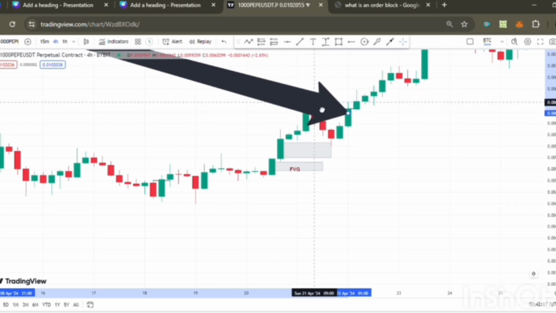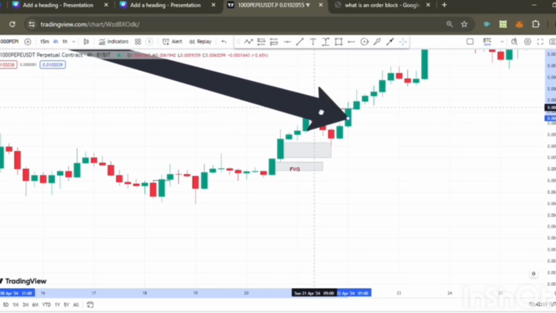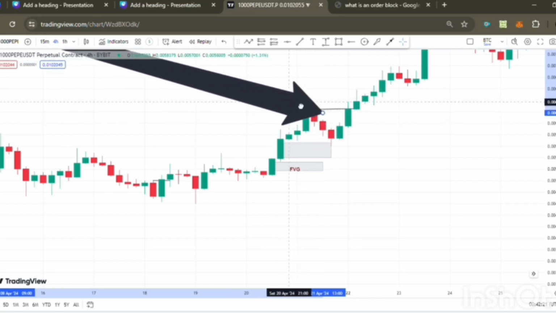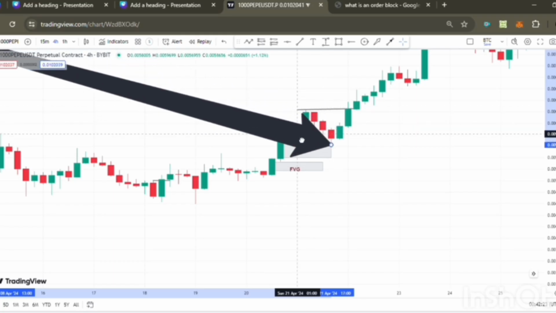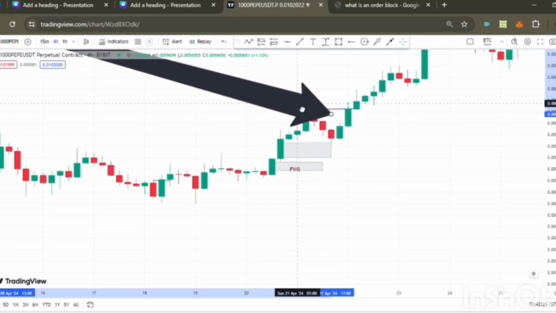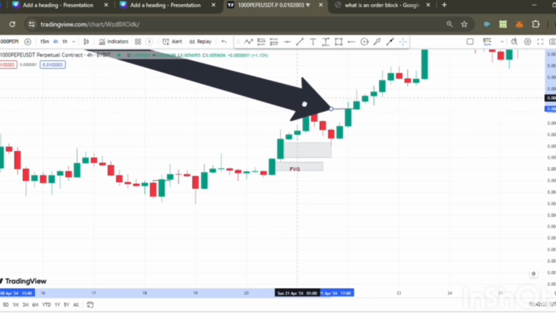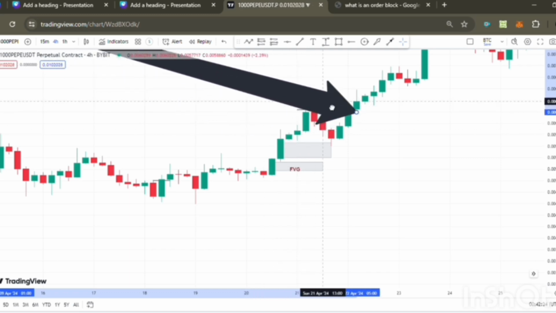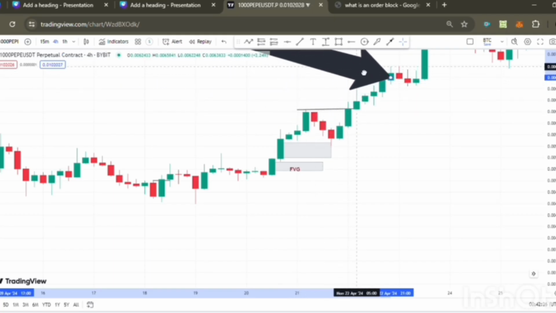Do you see it? The market broke the structure, which means it broke this resistance. Remember what I told you about support and resistance? This resistance was supposed to serve as a resistance zone, and the market broke it and continued the upward movement.